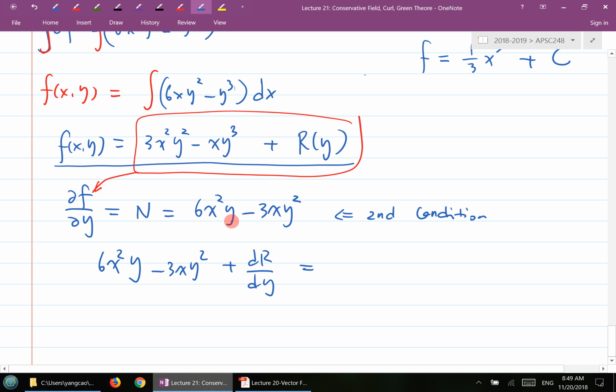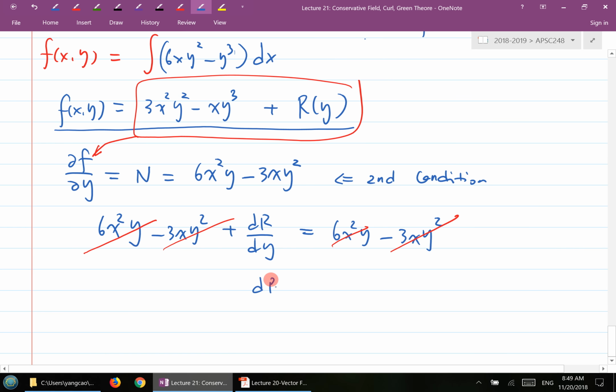And that equals the given function n, which is 6x squared y minus 3xy squared. And what's good is you have this all cancel out on both sides, and you end up with just dr over dy equal to 0.